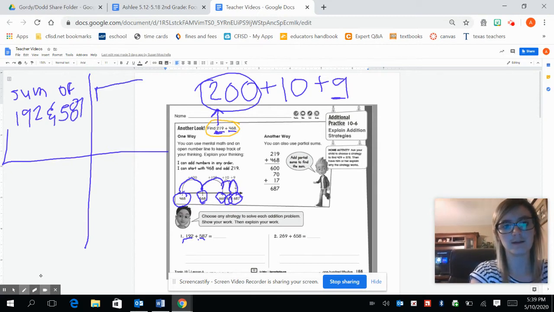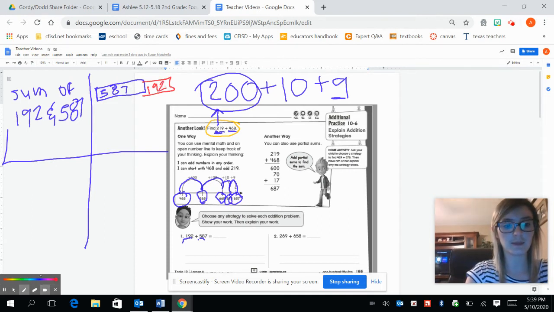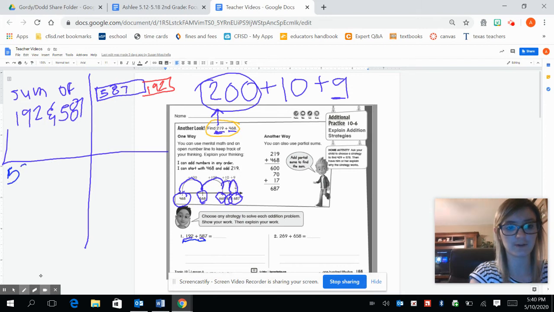So right here, we have 587, and we are going to add on 192. So the problem they put here for us, right here at number 1, we're going to use in our box over here. I'm going to start with the big number, 587 plus 192. So let's do our chart.